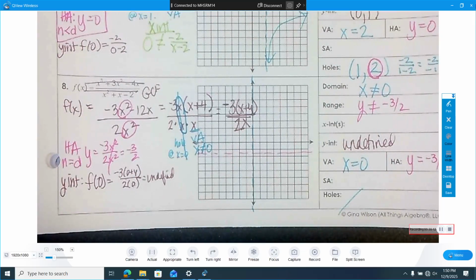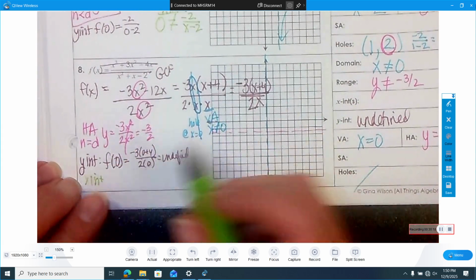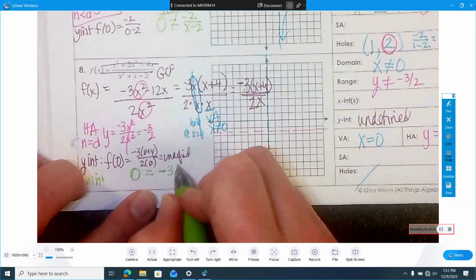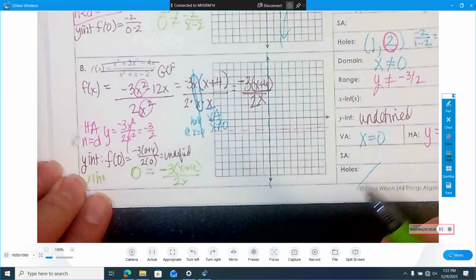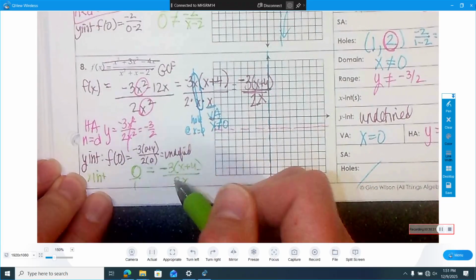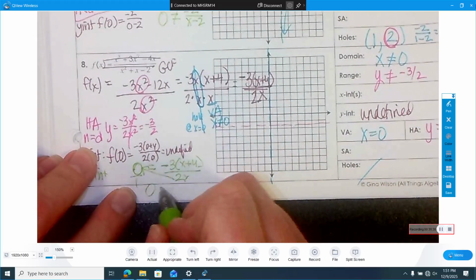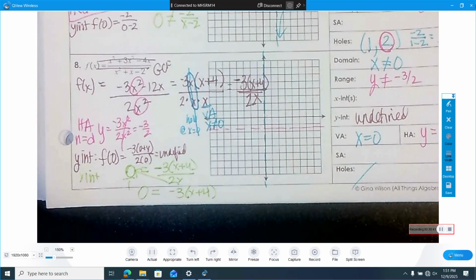All right, let's see. What is the x-intercept? How do we find the x-intercept? We set it equal to 0, so we have 0 equals, again, I'm going to go with my simplified function here, negative 3 times the quantity x plus 4 over 2 times x, and we would cross multiply there, so 2x times 0 is just 0. So we get 0 equals negative 3 times the quantity x plus 4. How do you solve that? You can distribute if you wanted to.